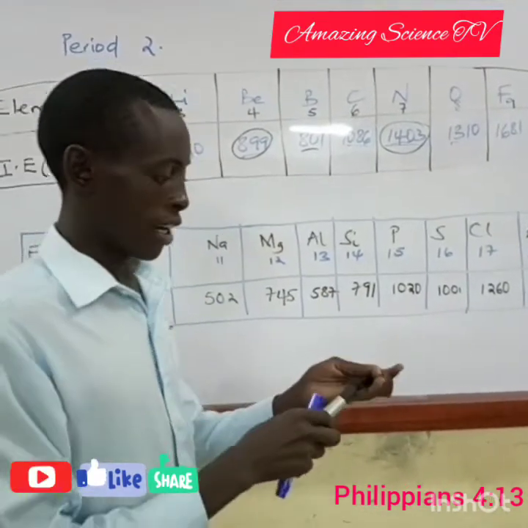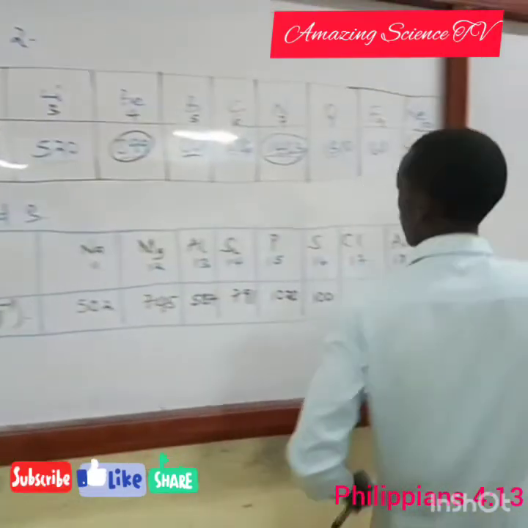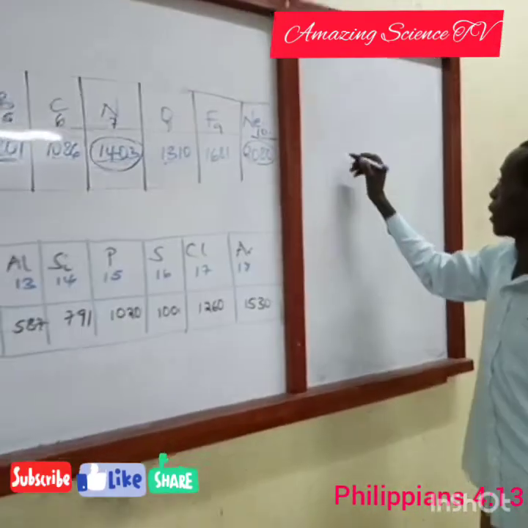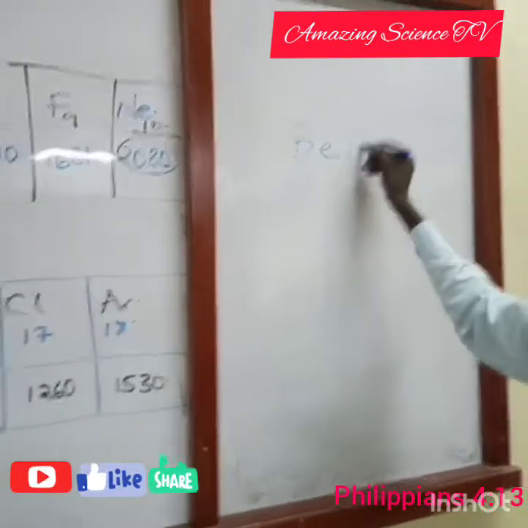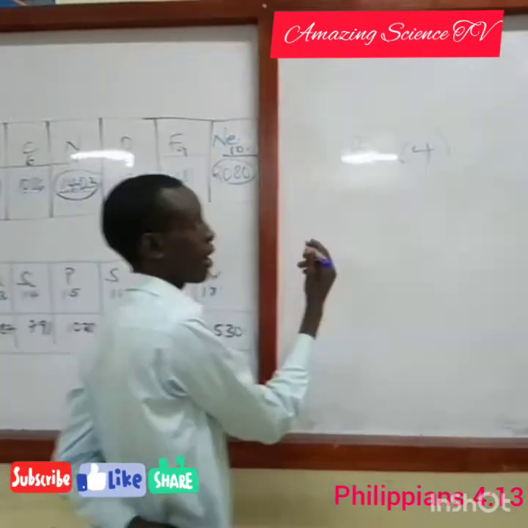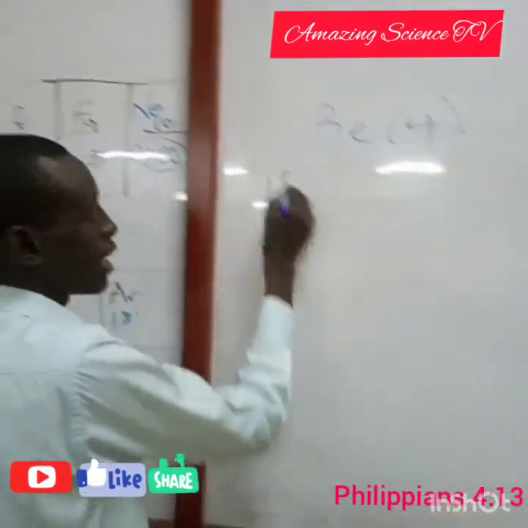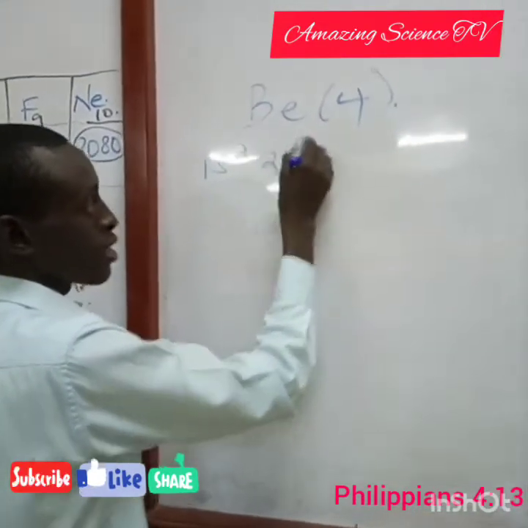The reason is, when we write the electronic configuration, we begin with beryllium, which has 4 as atomic number. So we see that the electronic configuration is 1s2 2s2.